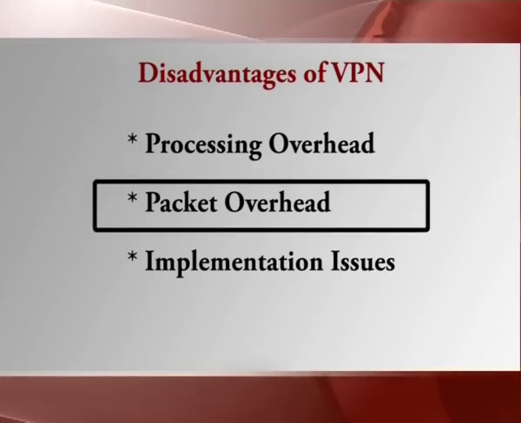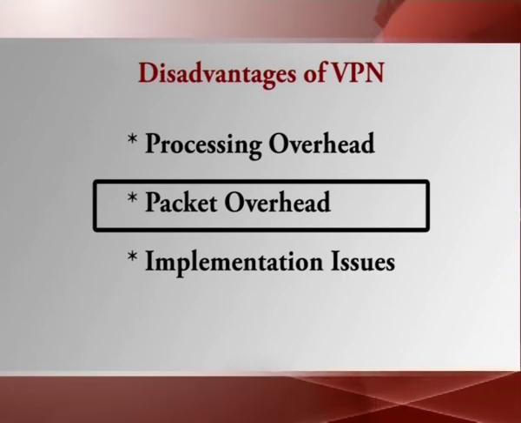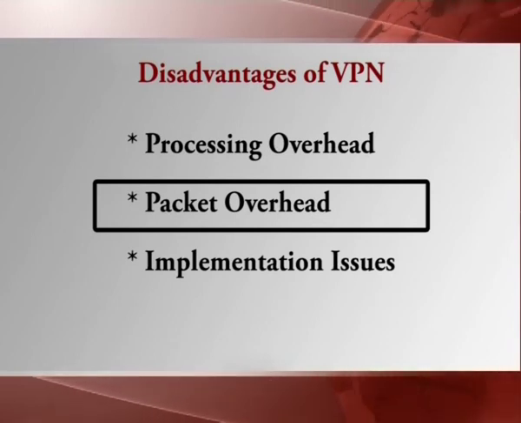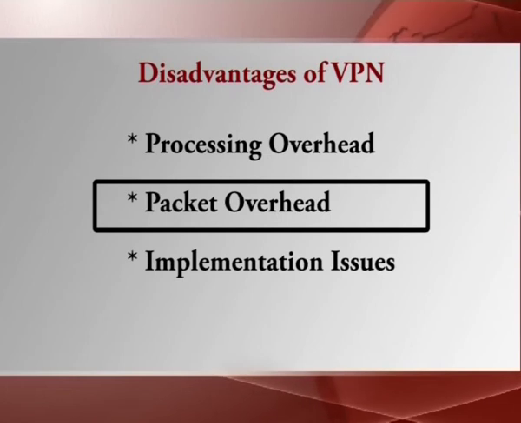Packet overhead. Another interesting disadvantage of implementing a VPN is the additional overhead that is added to every packet. Existing packets can be encapsulated, which requires the wrapping of an original packet in additional packet overhead. Even if you aren't using encapsulation, additional header information still adds to the packet size.